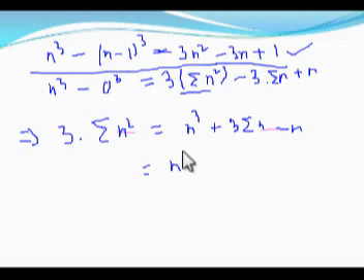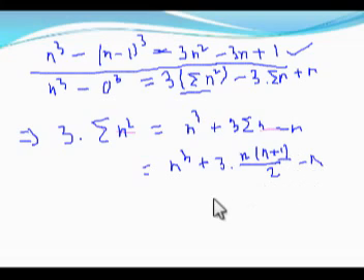Here we know the value of the sum of the first n natural numbers, which we have already obtained: n into (n plus 1) by 2, minus n.